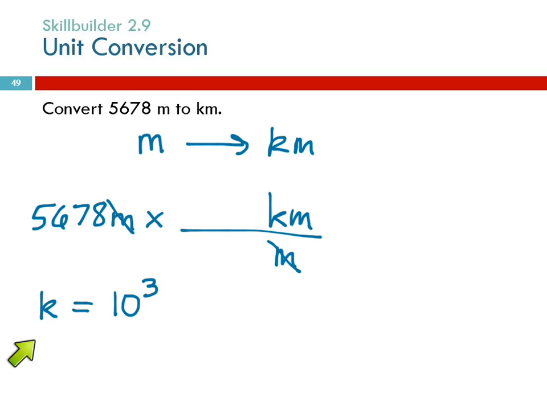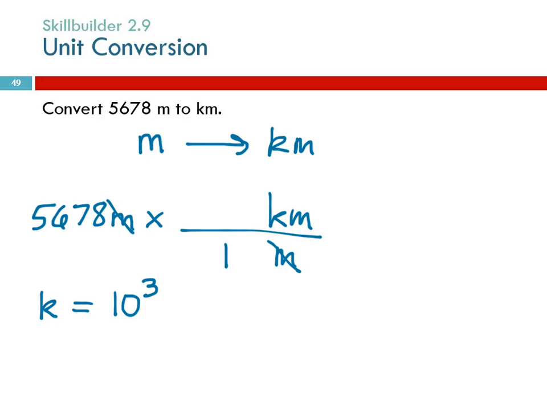So kilo means 10 to the third. I need what's in the numerator to equal what's in the denominator. A meter is not the same length as a kilometer. Kilometer's more like a mile size, and meter's more like a yard size. So instead of trying to think about which one's bigger and which one's smaller, we're just going to follow a pattern. Kilo is on the top, kilo times meter. On the bottom, I'm going to substitute the number that kilo stands in for.